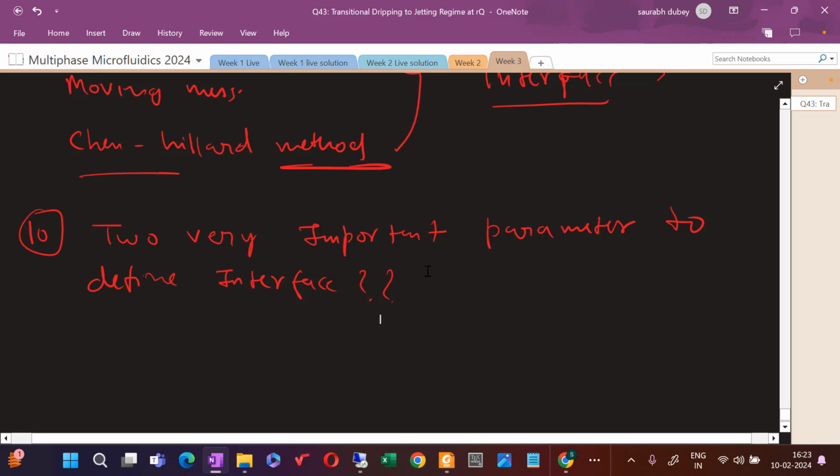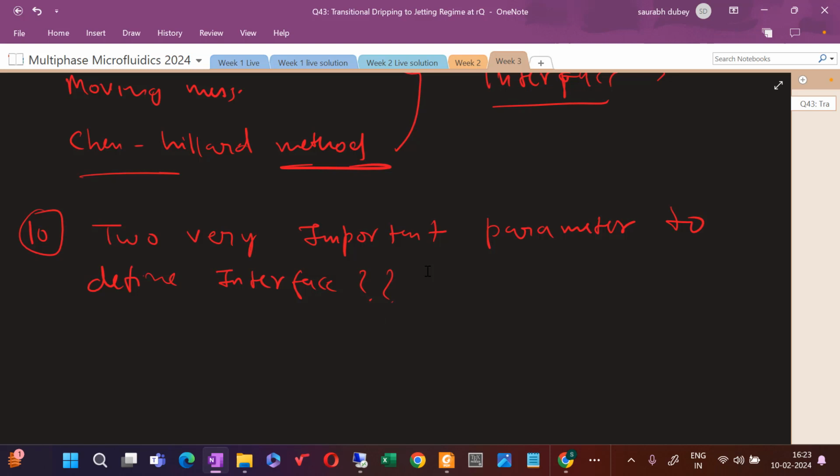So about the dripping and the jetting design, we have already discussed. We are actually discussing the CFD one. And meanwhile, in the last half an hour, we will be solving 3 or 4 questions based on surface tension. So that will be a numerical problem. Though in the previous lectures also we have talked about surface tension numericals, in this one I will be discussing a bit more about that.